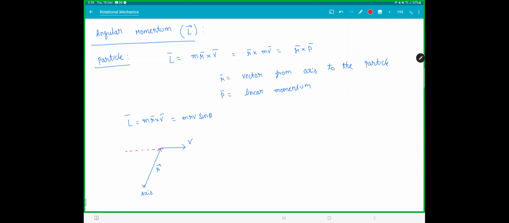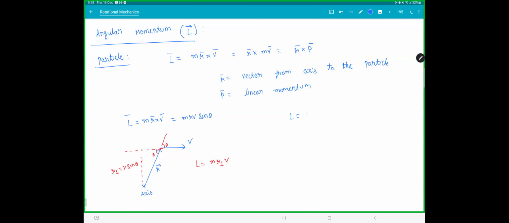Extend the line, drop the perpendicular. If this angle is theta, this angle will be theta, and this will be r sine theta, which is r perpendicular. So angular momentum can be written as L is equal to m into r perpendicular into v. Remember, for torque, we did r perpendicular into F.